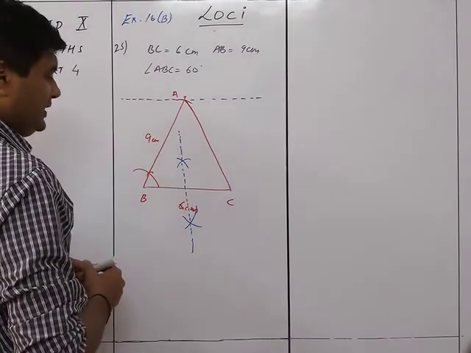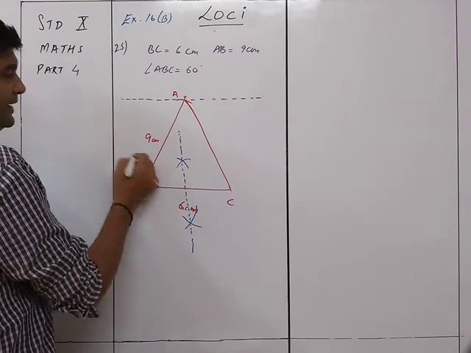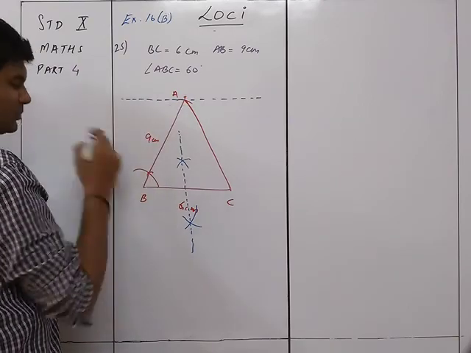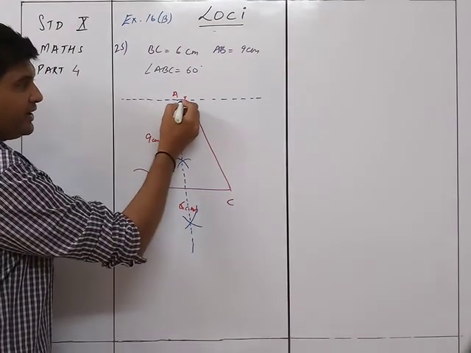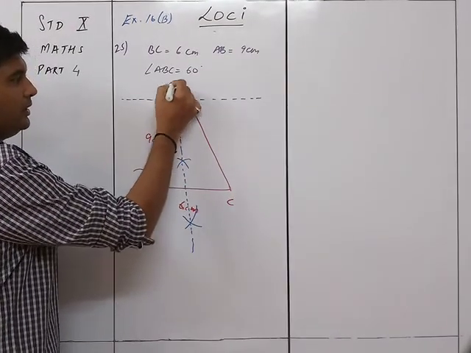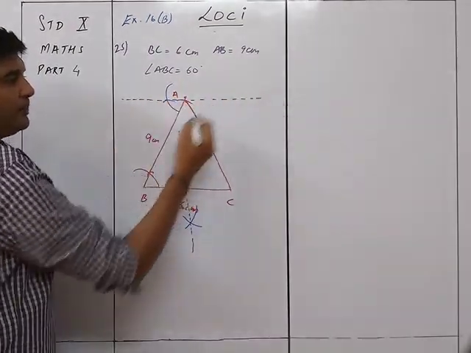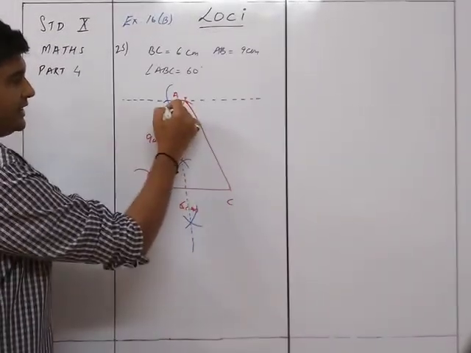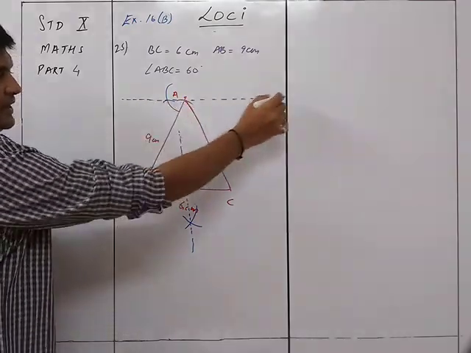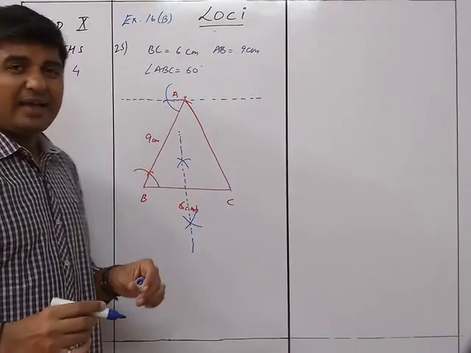For drawing this, you can always draw a 90 degree angle here, or I will better do it by copying the angle. If this is 60 degrees, and I draw 60 degrees over here, automatically this will give me a parallel line. This will be the Z formation, that is, alternate interior angles, 60 and 60. So this way the parallel line is made. Okay, this is copying the angle.